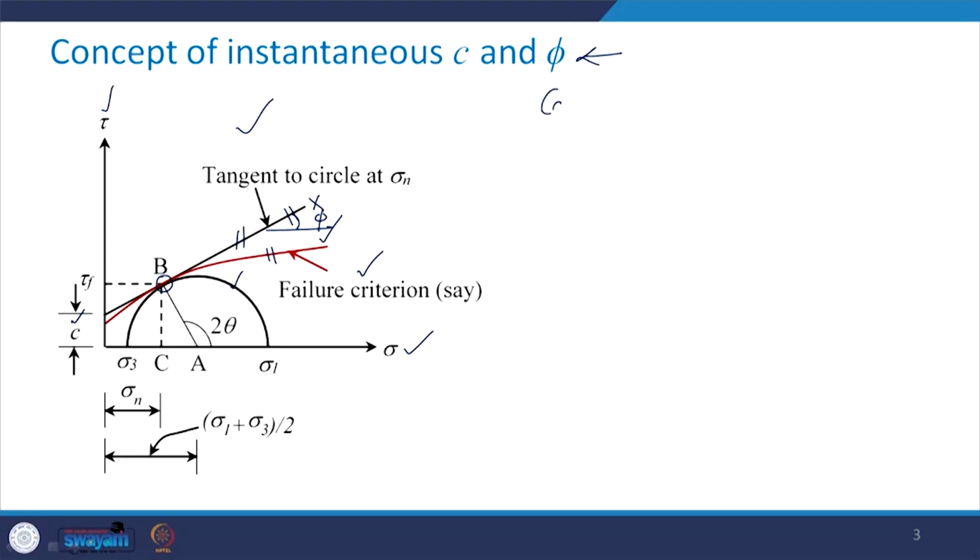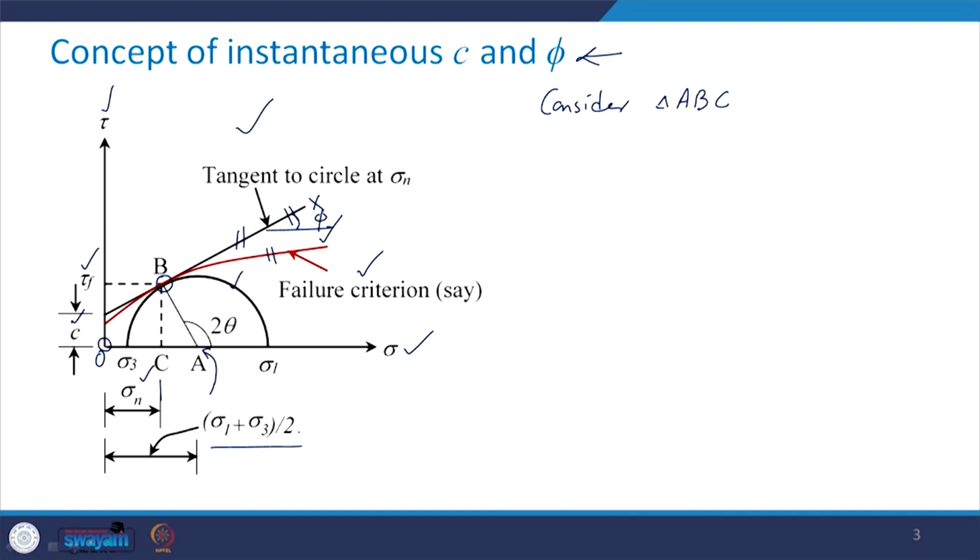So, consider the triangle ABC in this figure. This ordinate is tau f corresponding to point C from the origin. This is sigma n. This is the center of the circle, point A, whose distance from the origin O is sigma 1 plus sigma 3 upon 2. This is how we draw the Mohr stress circle.